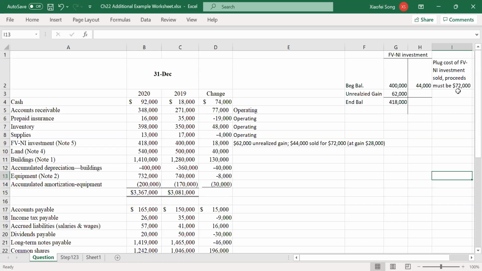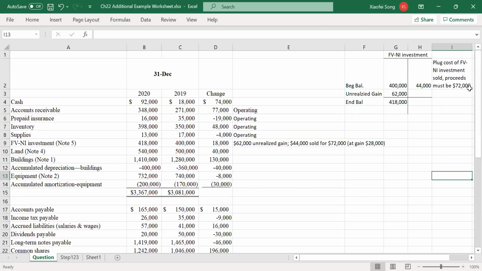We also have to subtract the 28,000 because 28,000 is the gain but not cash flow. And we will replace that 28,000 with 72,000 because 72,000 is the cash received from sales of fair value net income investment. That's the only cash flow of the year related to that item.